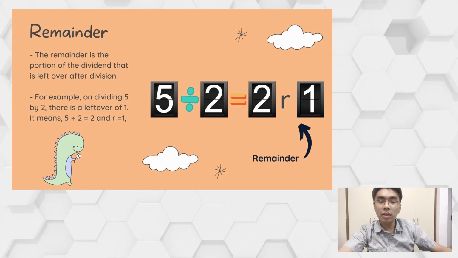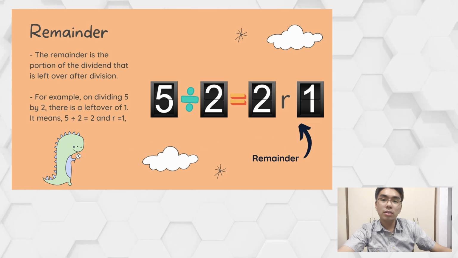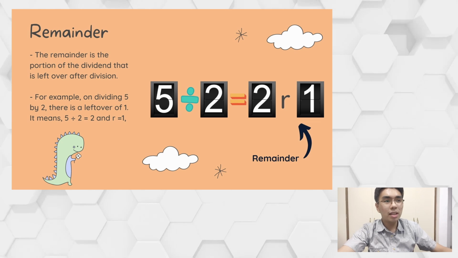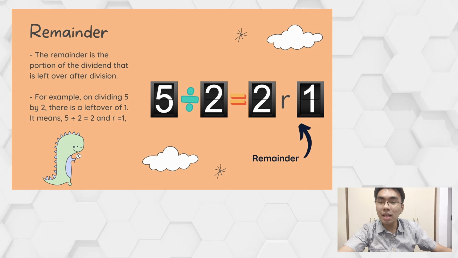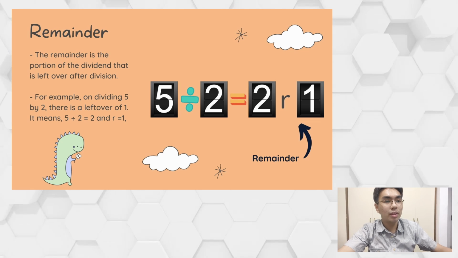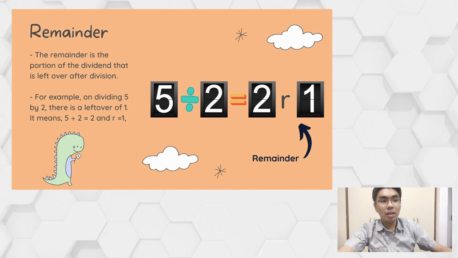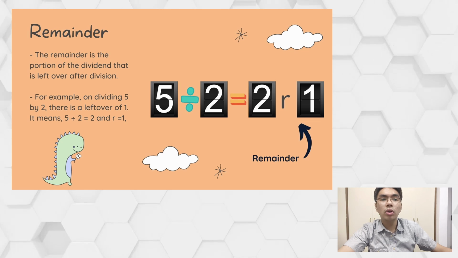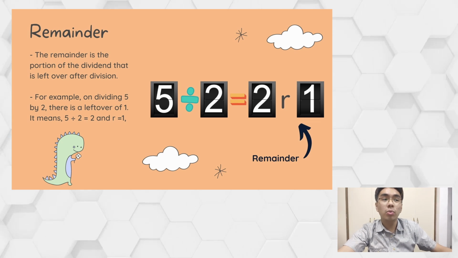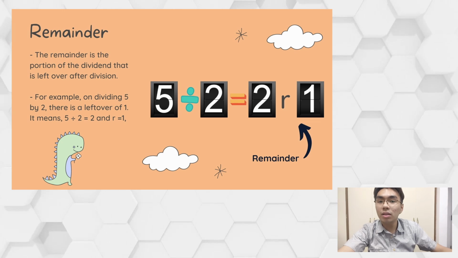Now, in division, there is what we call the remainder. The remainder is the portion of the dividend that is left over after division. For example, 5 divided by 2 is 2 with a leftover of 1, and that is what we call the remainder.